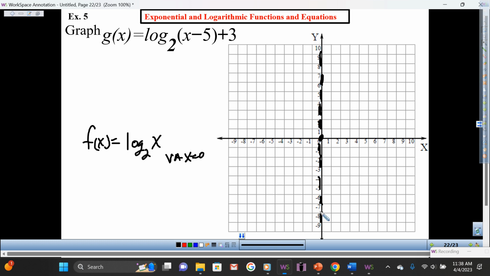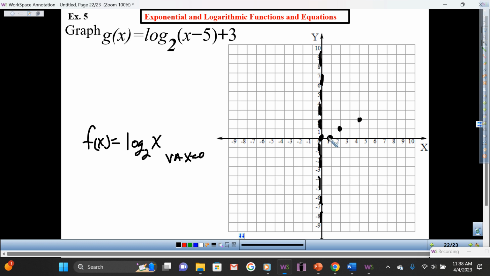And we need 3 points. Tell your neighbor the 3 points for that parent function. All right, Jessica, our 3 points for that parent function. (1, 0), (2, 1), (4, 2).